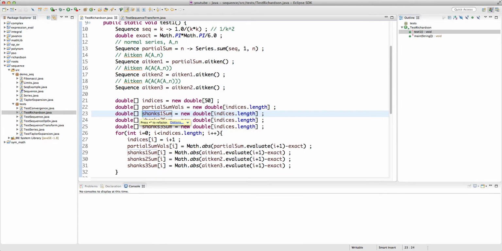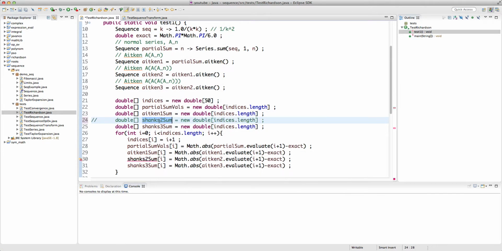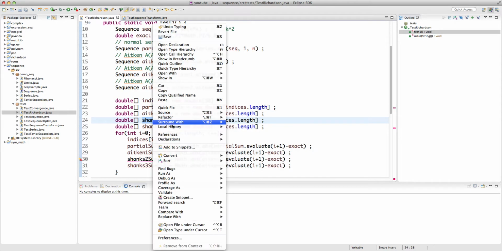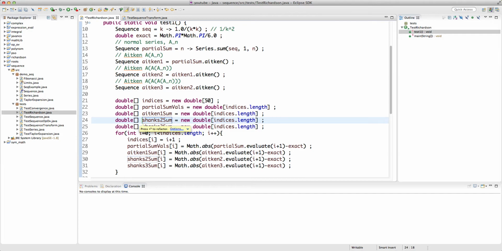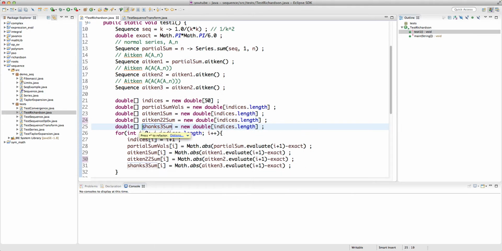This is going to be Aitken 1 sum, this is going to be Aitken 2 sum, and this is going to be Aitken 3 sum, all right?